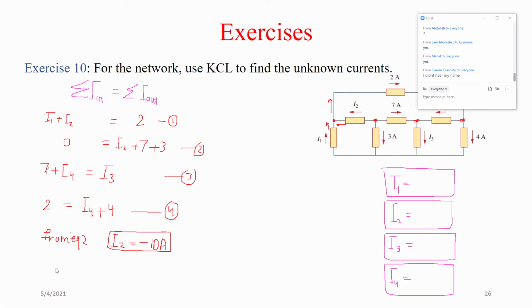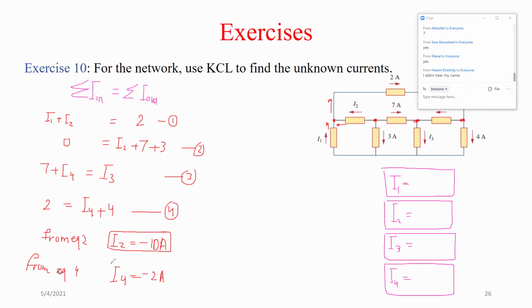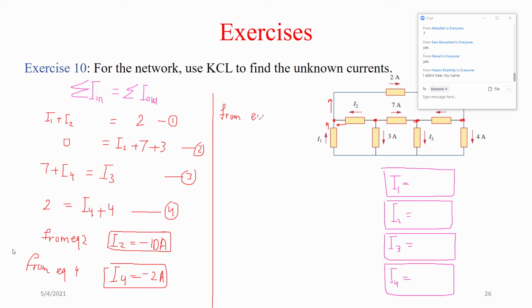Then from equation 4, I4 equals negative 2 ampere. And maybe from equation 1, I know I2 is negative 10, right?